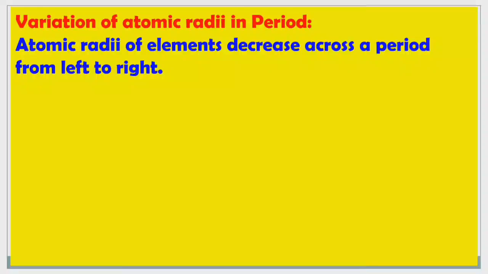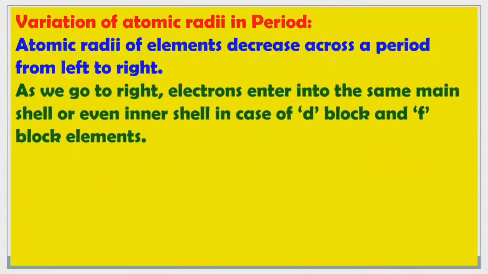Why does it decrease? As we go from left to right, electrons enter into the same main cell, or even inner cells in the case of D block and F block elements. If you observe D block and F block elements, electrons enter into inner cells.